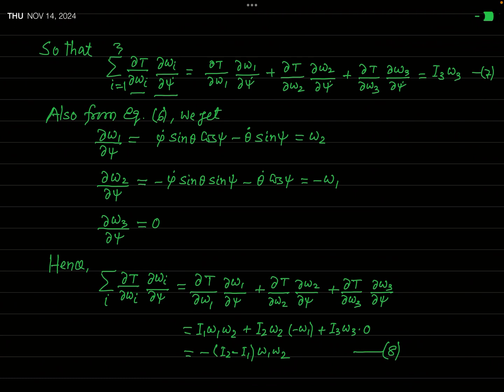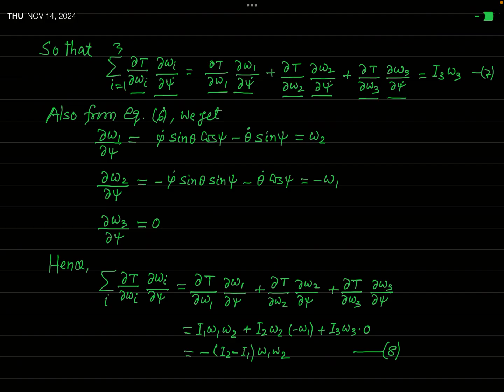When you expand, this will become del T by del omega 1, taking I equal to 1, times del omega 1 by del psi dot, plus del T by del omega 2 times del omega 2 by del psi dot, here I have taken I equal to 2, and del T by del omega 3 times del omega 3 by del psi dot.